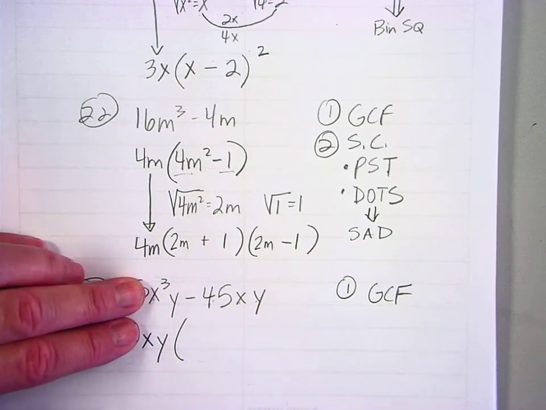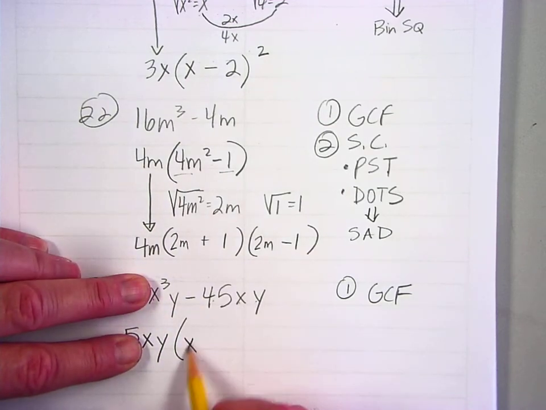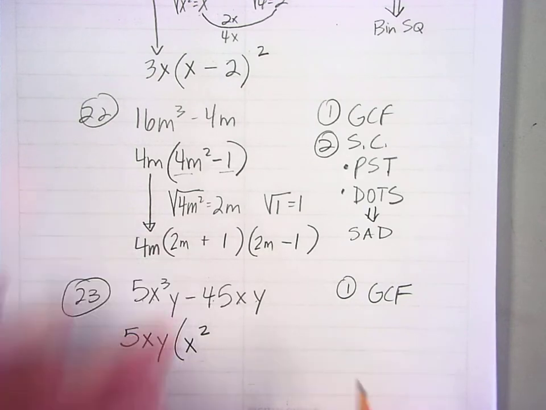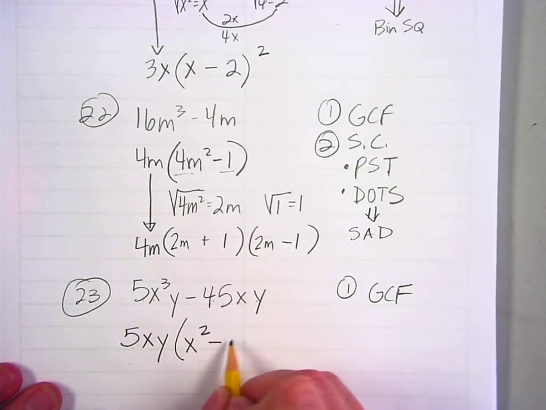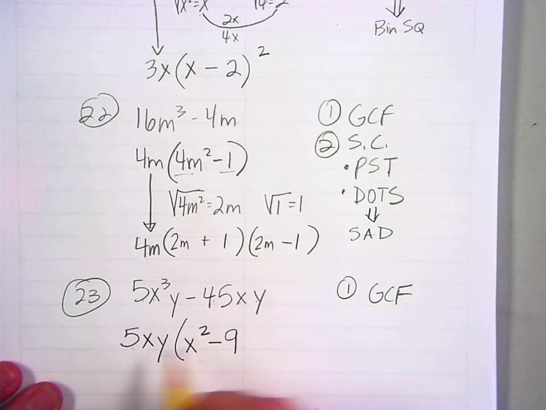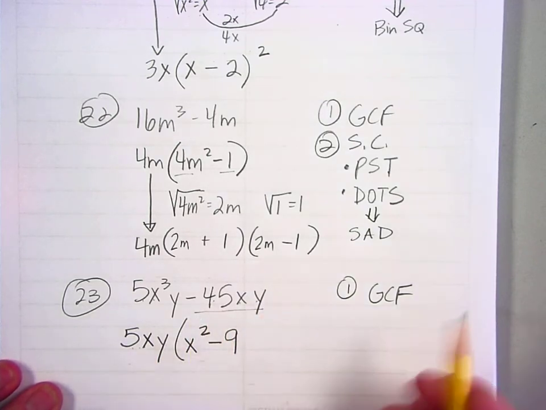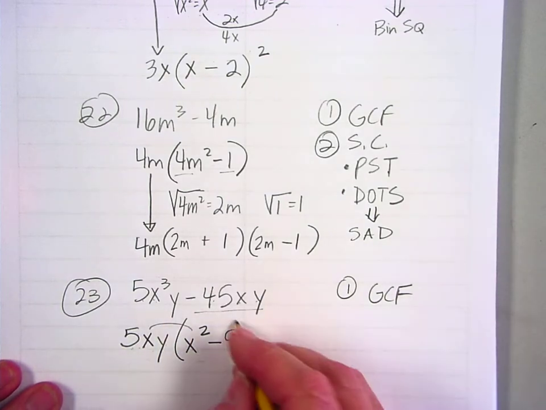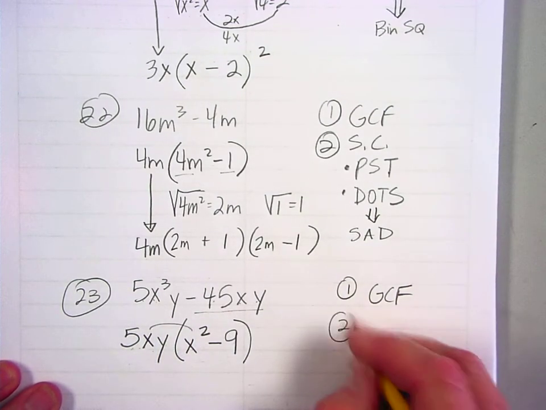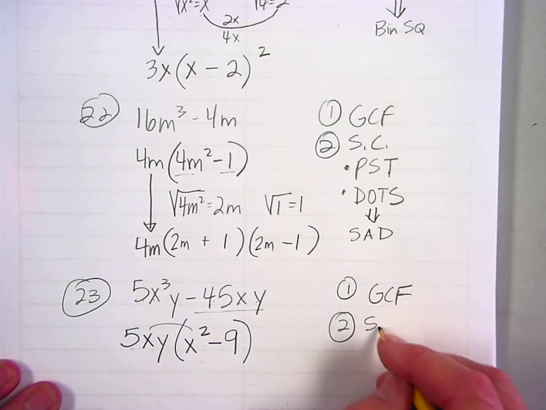There's my 5. I need 2 more x's, and I don't need any more y's, so I'm good. Minus 5 times 9 is 45, and there's my x and my y. This times this is negative 45xy. This times this is 5x cubed y. There's my GCF.